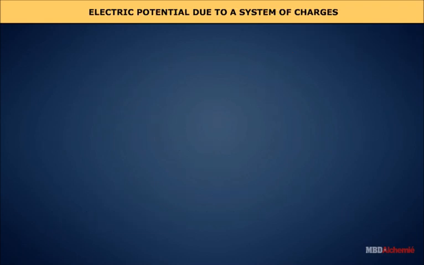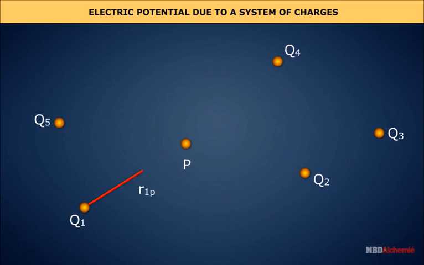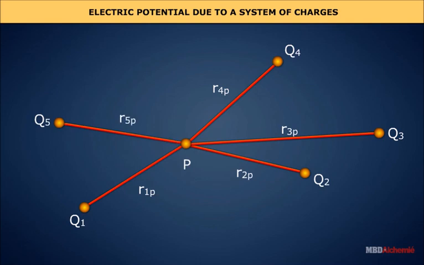Electric potential due to a system of charges. Let us consider a system of point charges Q1, Q2, Q3 up to Qn, which are separated from the point P by distances r_1P, r_2P, r_3P up to r_nP as shown in the figure.